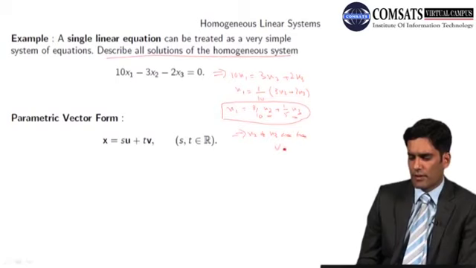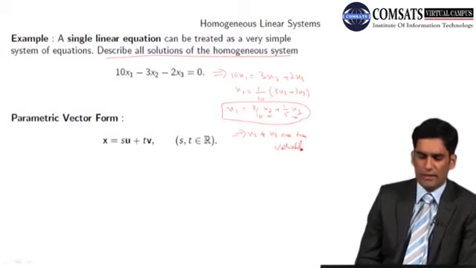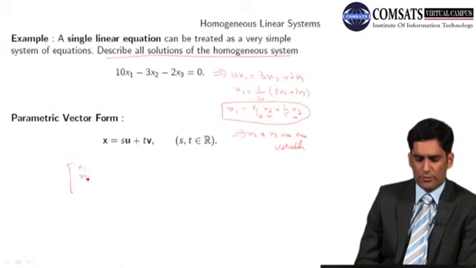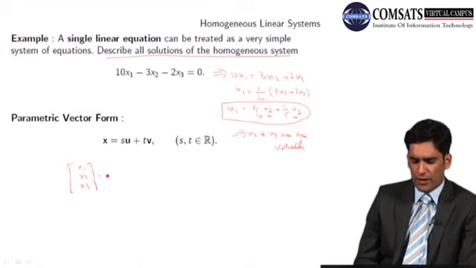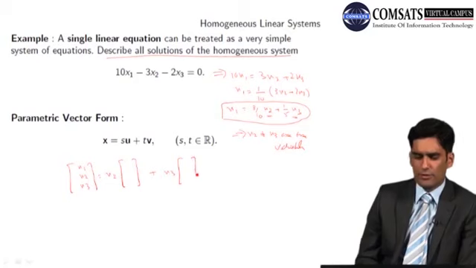These are free variables, and if I have to write down the solution of this system in vector form, then I will write x1, x2, x3 equals my free variables times vectors, x2 plus x3. Now I have to find out these vectors such that my solution becomes this one.